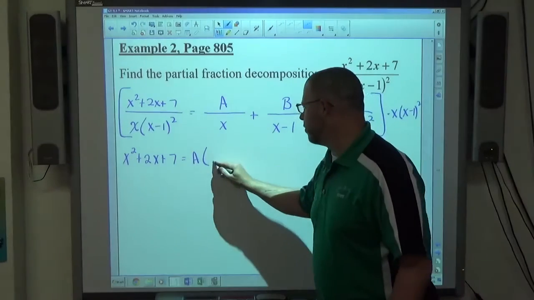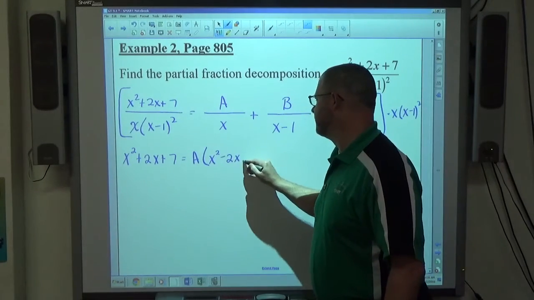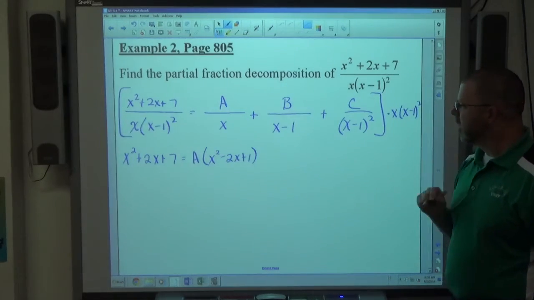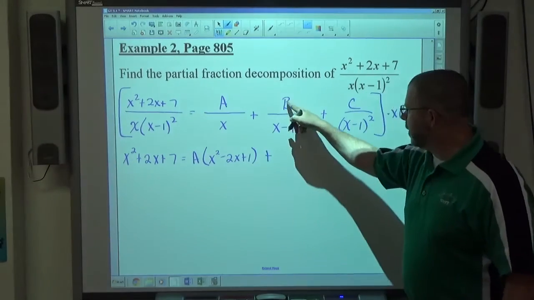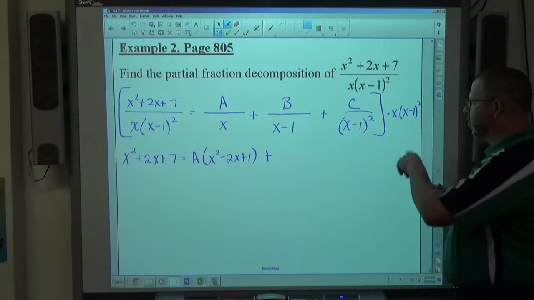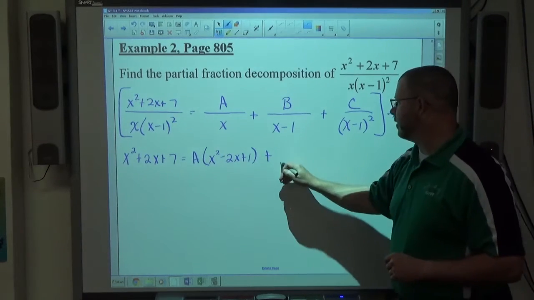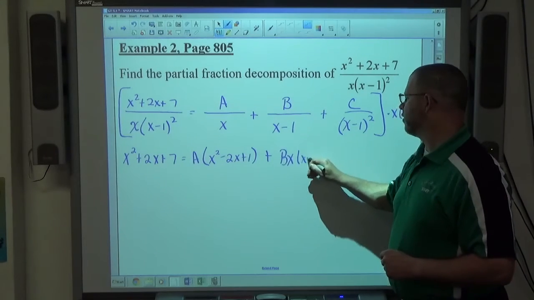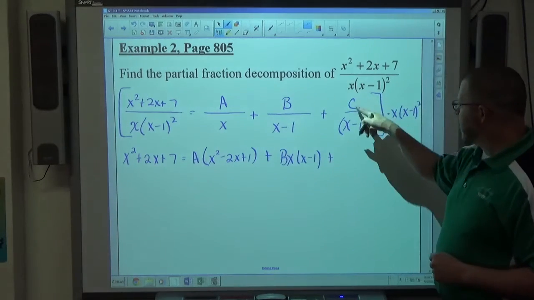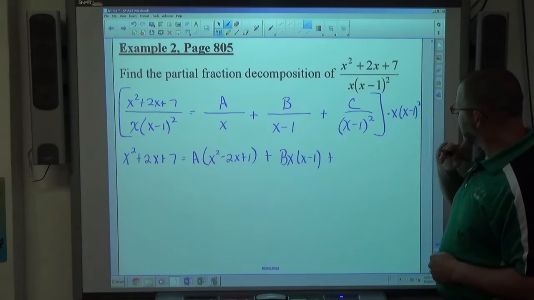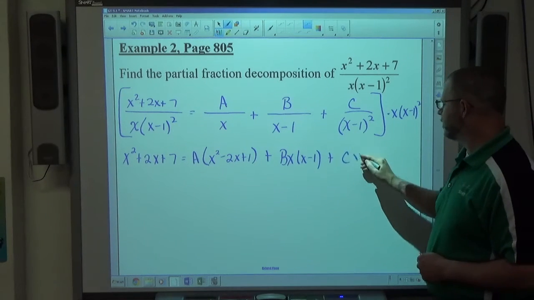I can go ahead and square that binomial: x squared minus 2x plus 1. You're going to save yourself a little bit of time. When B over x minus 1 multiplies by this, one of the x minus 1's cancels, the other one doesn't. So I've got a total of Bx times x minus 1. And when C over x minus 1 squared multiplies, the x minus 1 squareds cancel out, leaving me with plus Cx.